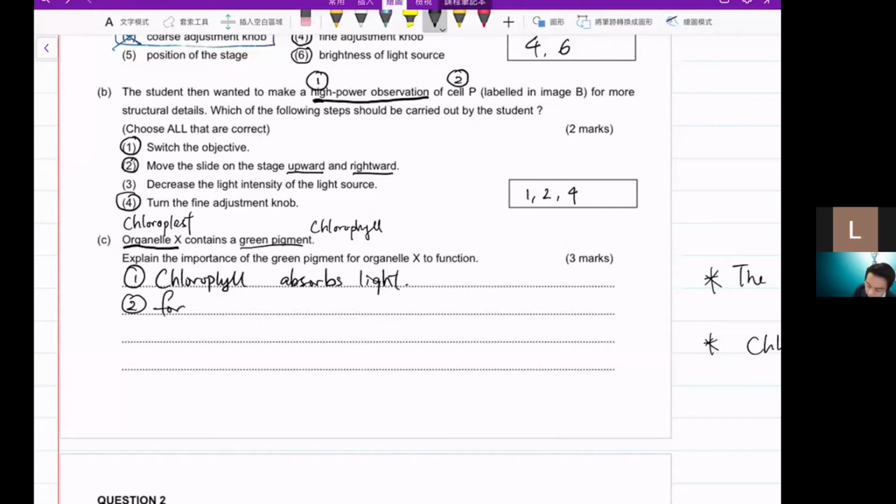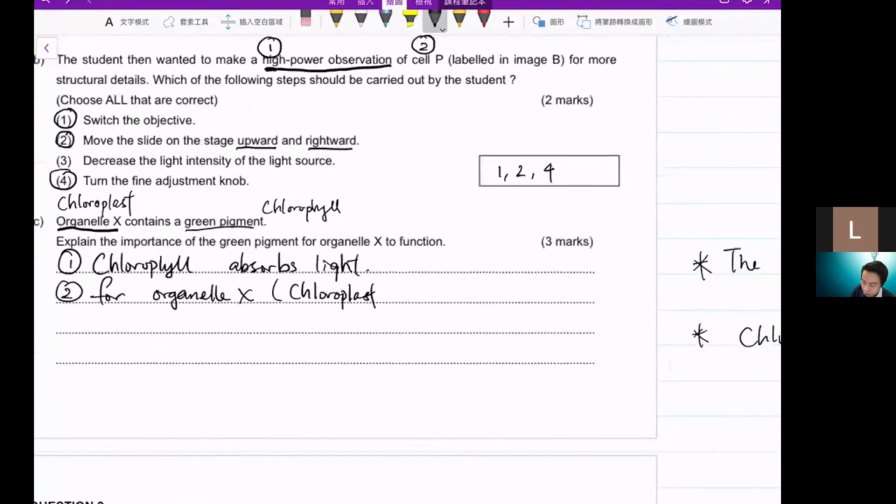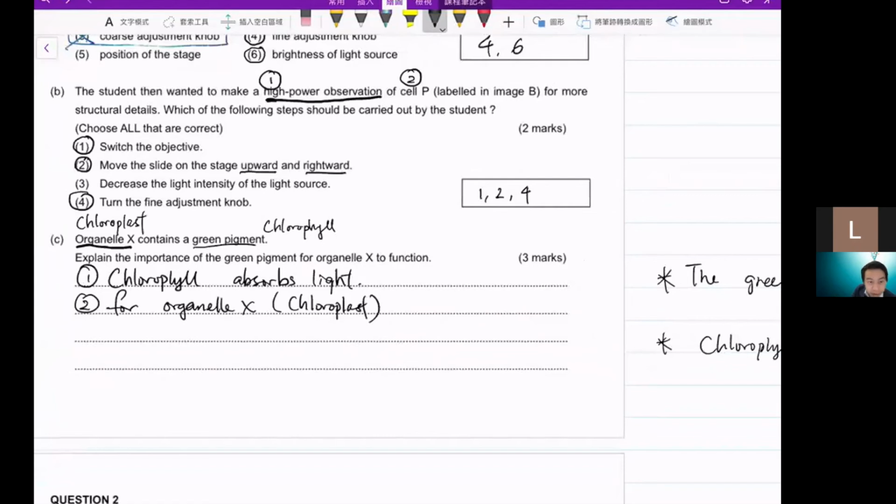For organelle X, which is chloroplast, to carry out photosynthesis. So this is the correct relationship of chlorophyll and chloroplast. Chloroplast is the site for photosynthesis, but not chlorophyll.